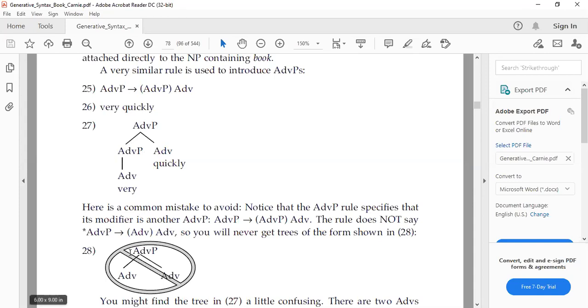It is not acceptable to have Adv give Adv immediately, because, if I ask you why, the answer is that the AdvP rule specifies that its modifier is another AdvP, not an Adv. And you know, Adv is a head, AdvP is a phrase. So the specifier in this case is a phrase.